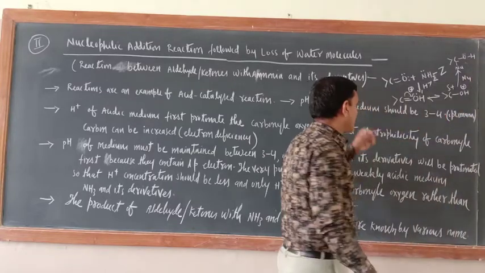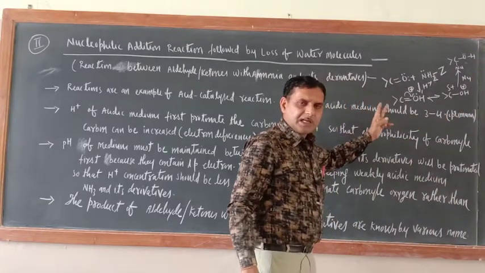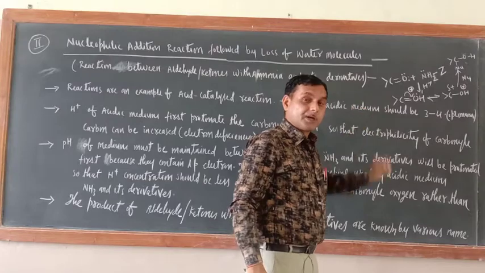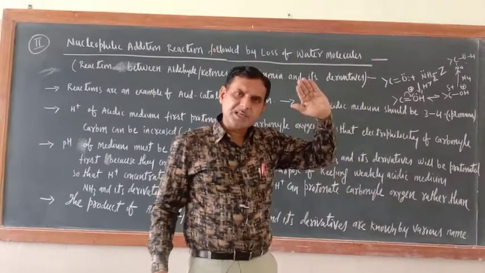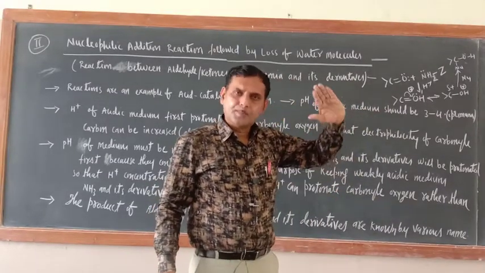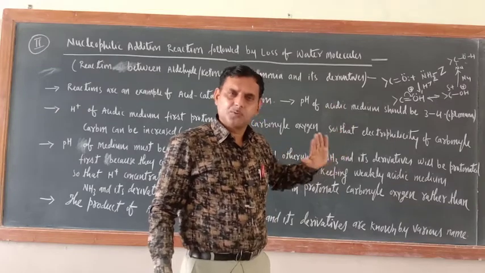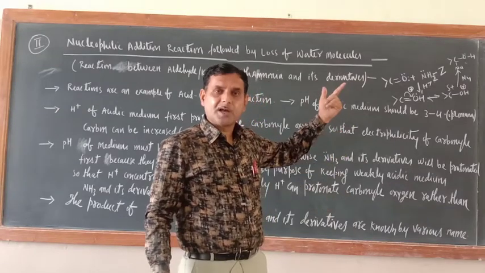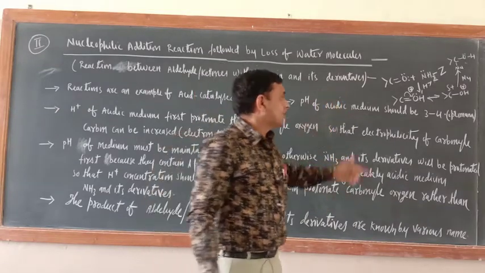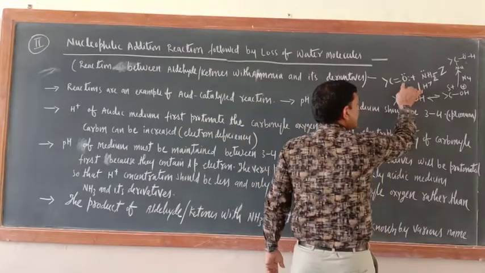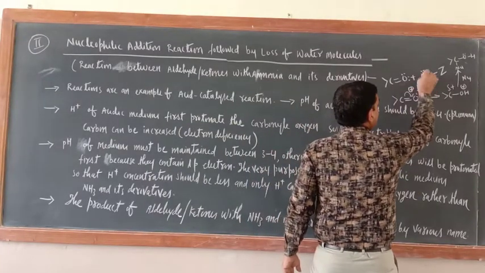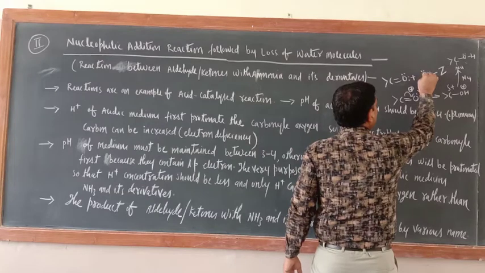This is there. Now try to understand. You want this one only, that carbonyl oxygen should be protonated. Now try to understand, if pH is less than 3 to 4, means H positive ion concentration would be more. So not only this oxygen will be protonated, this NH3, here lone pair of electron is there or not?